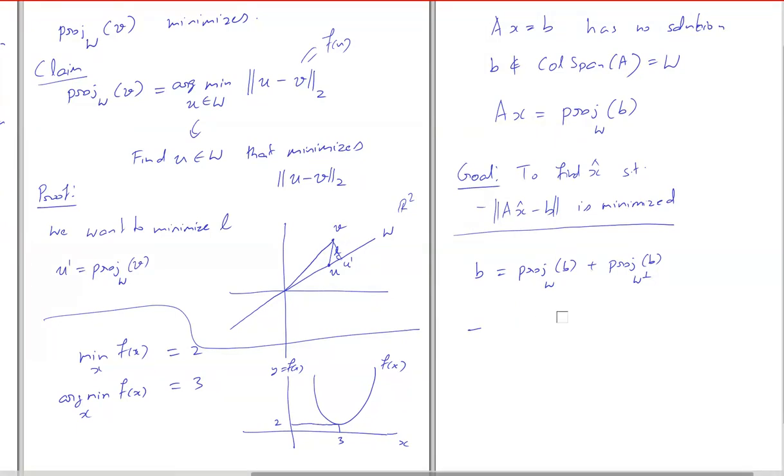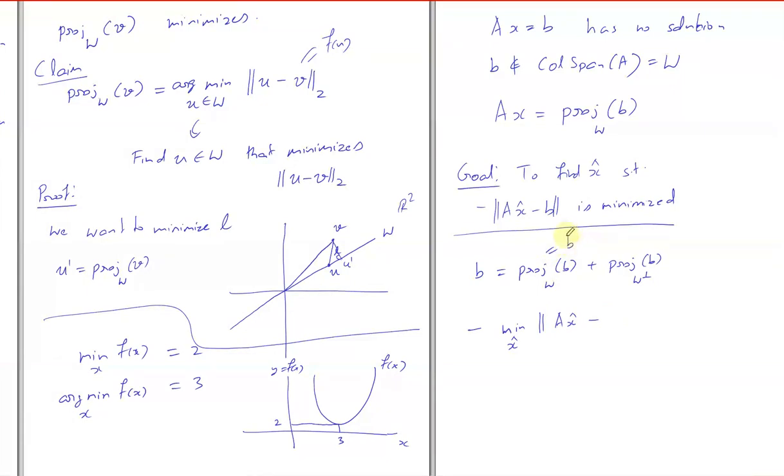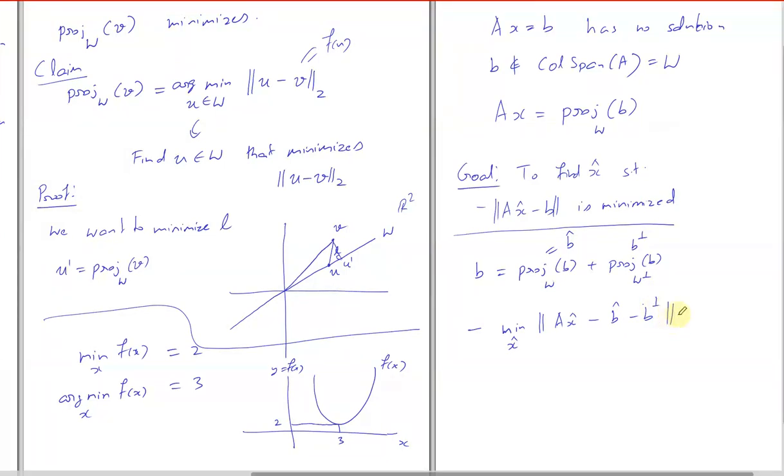We want to minimize over x hat Ax hat minus, let's call this B hat and let's call this B perp. This is what we want to minimize.